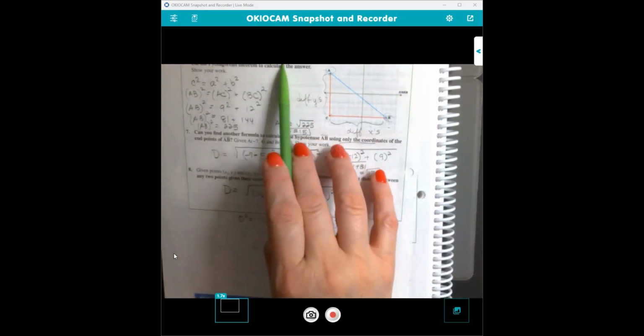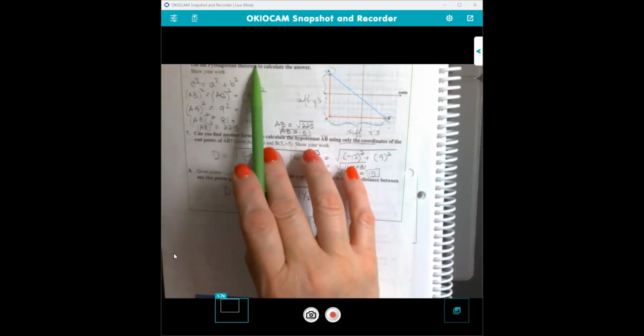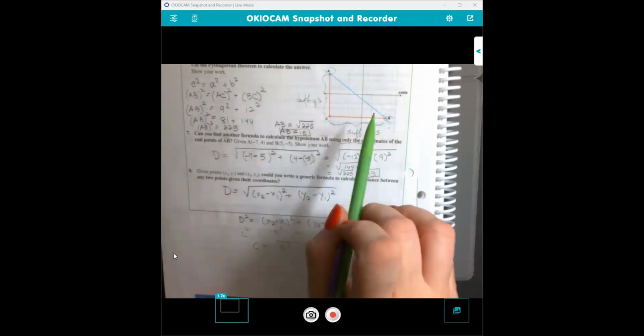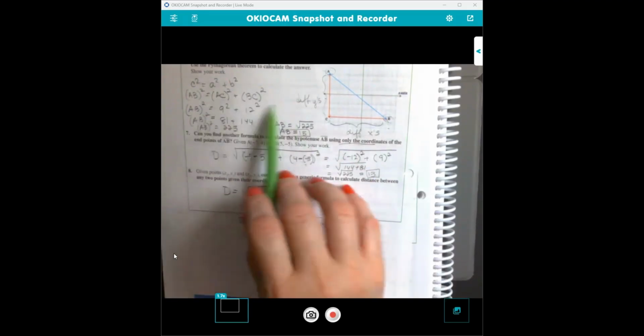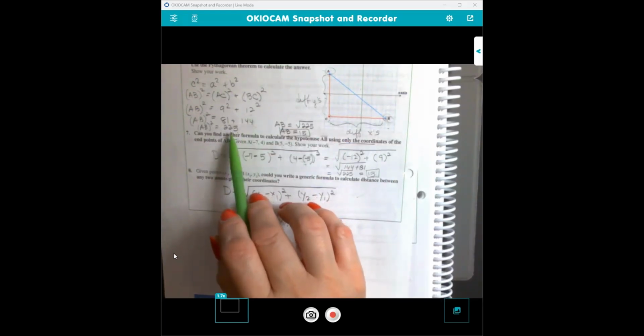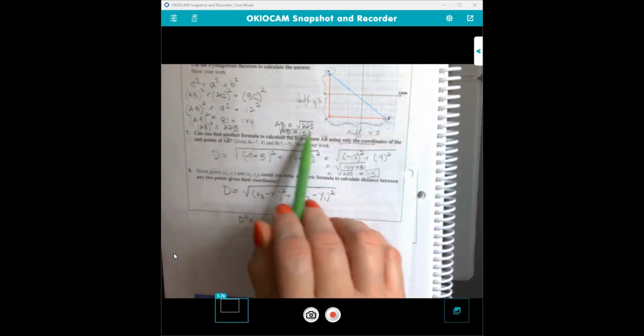They give you the information. It says that AC is 9 and CB is 12. Obviously, this is not drawn to scale, but we're going to put it in here, square it, and then to find AB, you're going to find the square root of 225, which is 15.